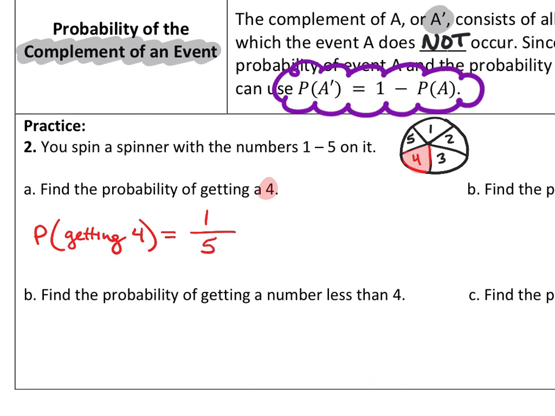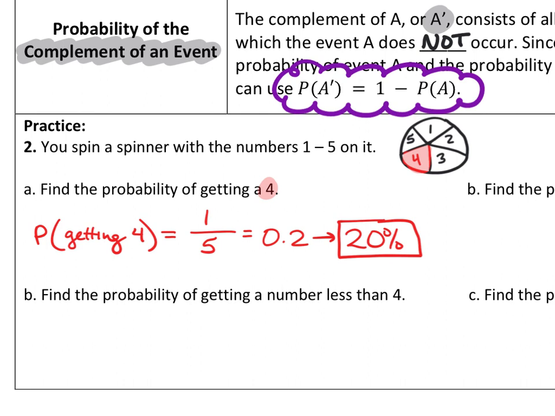All right, calculator friends. 1 divided by 5, what is that as a decimal? And then we'll change it to a percent. 0.2, which is what percentage? 20%. All right, so we get a 20% chance of spinning the spinner and it randomly landing on a 4.